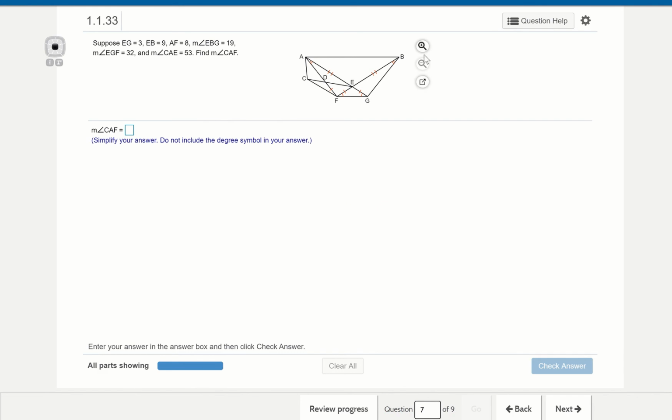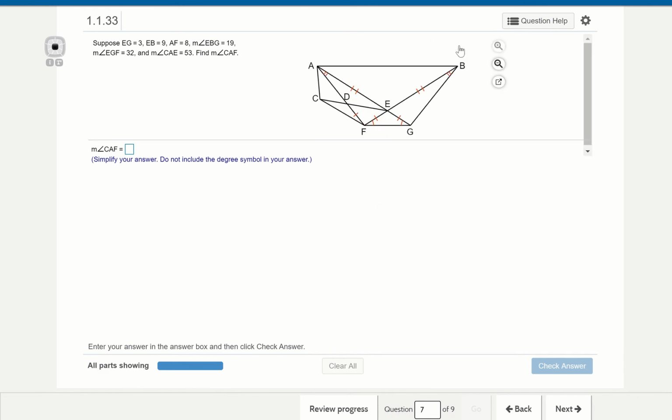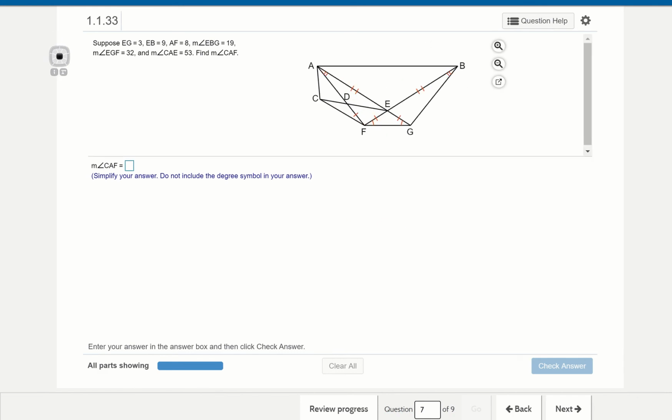So this next problem has the same diagram, so I'm going to zoom in just like I did before. But this time you're trying to find an angle. And so we're going to be interested in the clues that have angles in them. So we're not concerned with the line segments here, right? So let's get rid of the line segment distances. We're only concerned with angles. So it says the measure of EBG is 19.